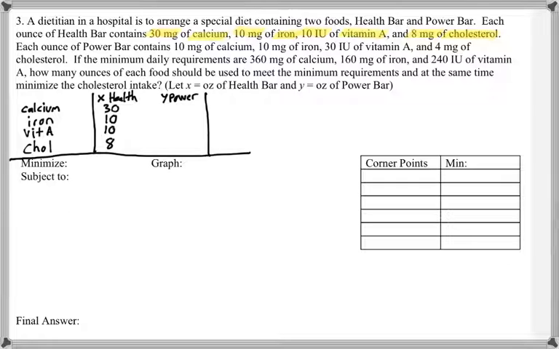And then the Power Bar contains 10 milligrams of calcium, 10 milligrams of iron, 30 IU of vitamin A, and 4 milligrams of cholesterol. So that is my second column.